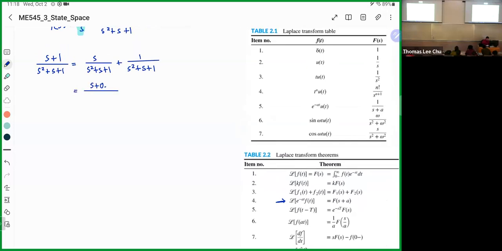S plus 0.5 minus, or plus, 0.5. So I'm going to split the 1 in half.